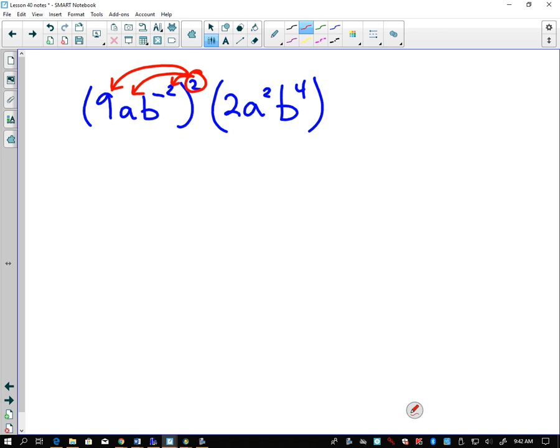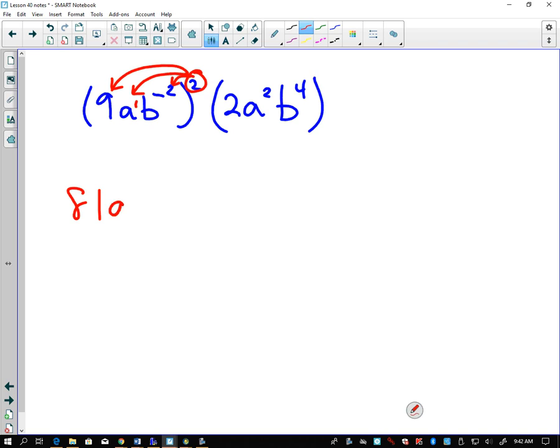Okay? Christian, what is 9 squared? 81. Okay. Let's see, McEwen, what is a to the first squared? Right, because there's a 1 there.